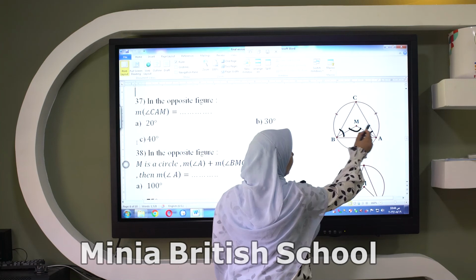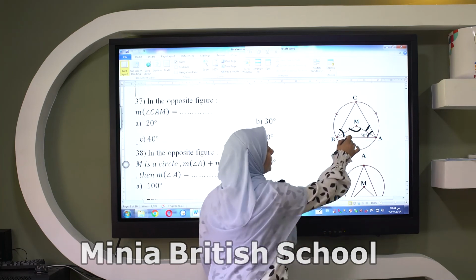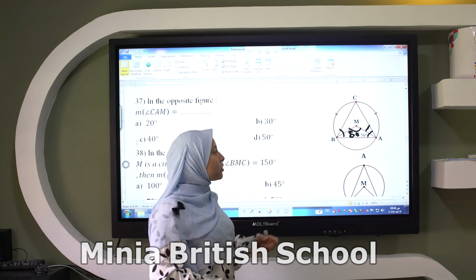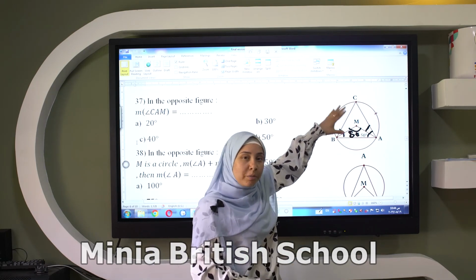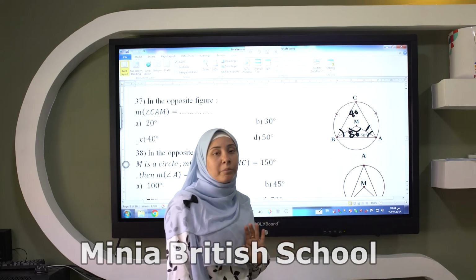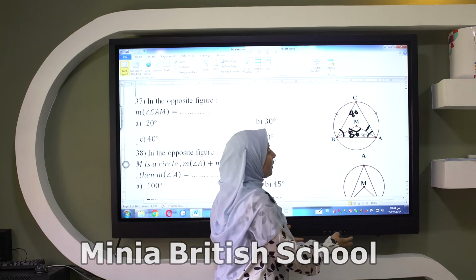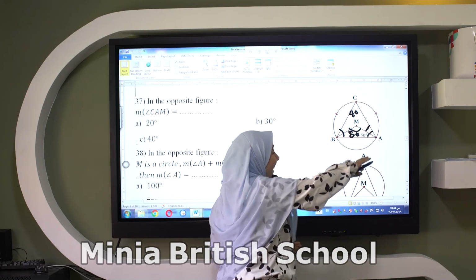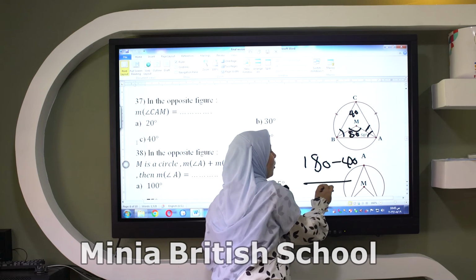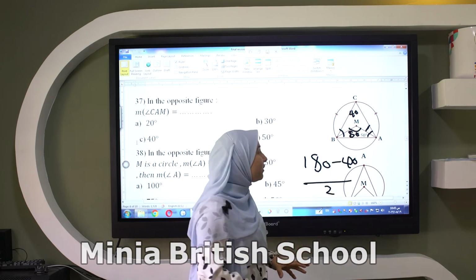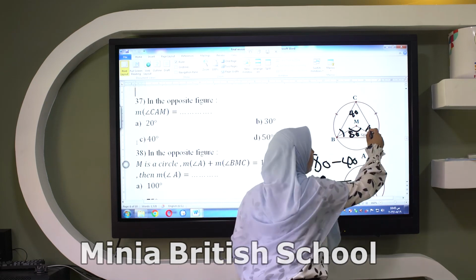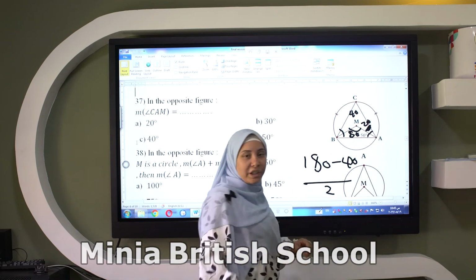Then the measure of angle AMP equals 80. Then the measure of angle C equals 40, an inscribed angle subtended by the same arc as the central angle AMP. Then you can find the measure of angle A: 180 minus 40 divided by 2 equals 70. And the measure of angle MAP equals 50. Then the remainder here is 20 degrees.